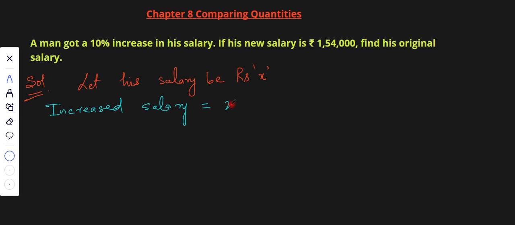That means original is X and 10% of X. So you can write like this: X plus 10% means 10 divided by 100. Of is represented by multiply, so 10 ones are 10. So from here you get X plus X divided by 10.